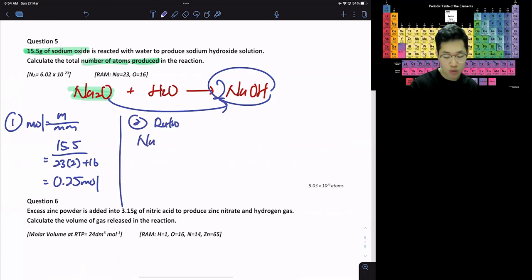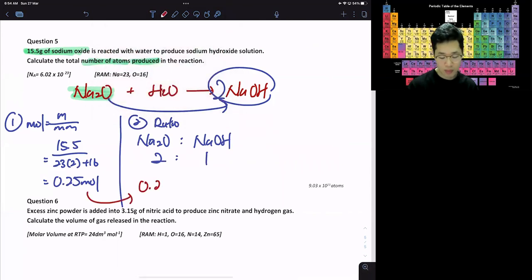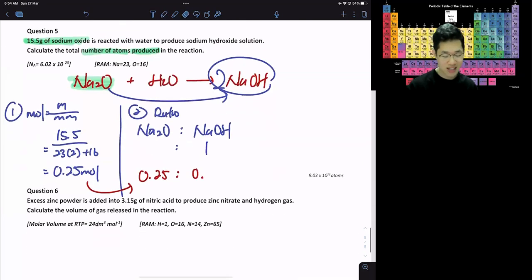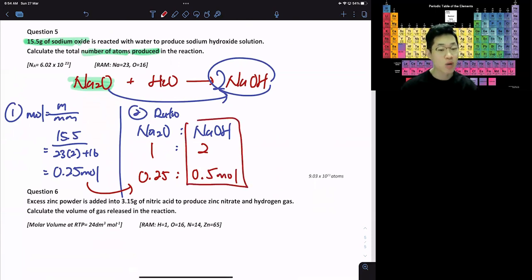From Na2O compared to NaOH, sorry, 1 to 2. So 0.5 mole of NaOH.